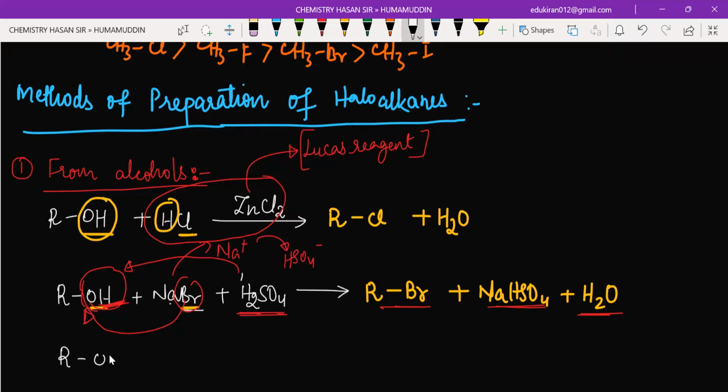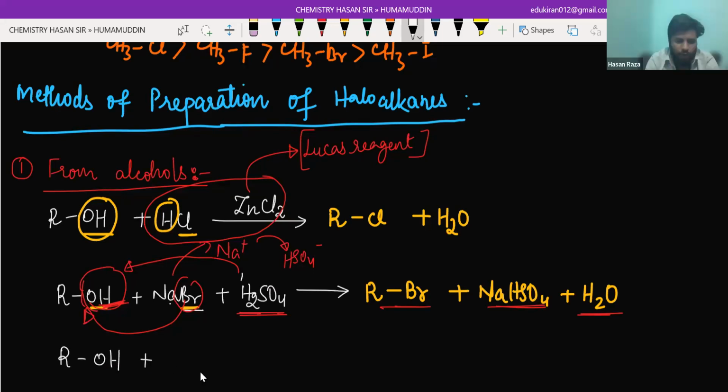Yes. The third reaction, to prepare haloalkane from alcohol, you are going to treat this with PX3. PX3 is phosphorus trihalide. So there will be 3 moles of RX and then H3PO3 will be formed. It's very easy.